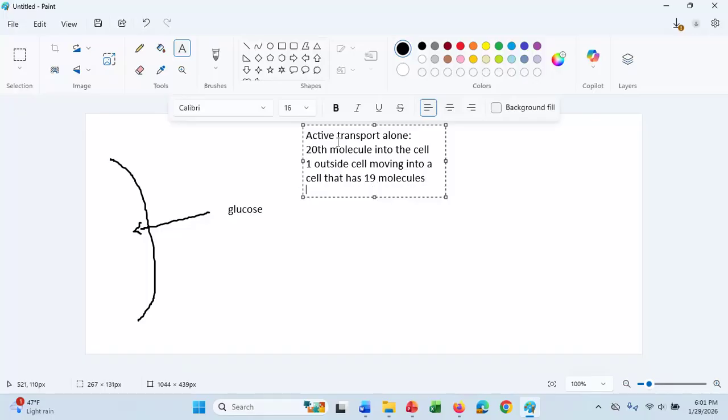So the concentration gradient is 1 over 19, which is a very stiff gradient for the cell to overcome.